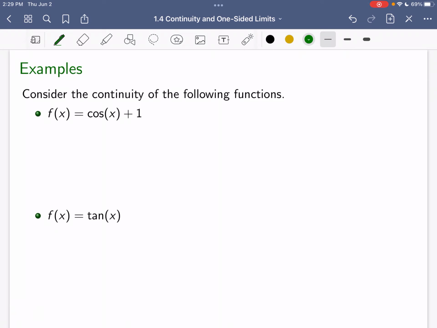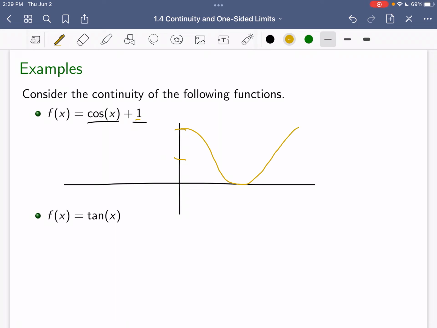All right, so let's look at some examples involving trig functions. Here we have f of x equals cosine x plus 1. The cosine graph is a wave, and this wave has been shifted up 1 unit, so I'm going to have something that looks like this.